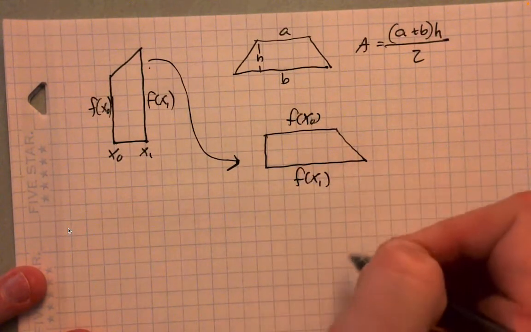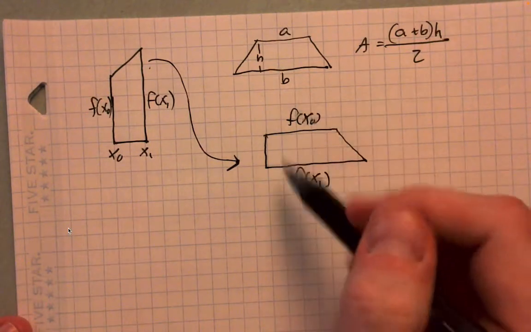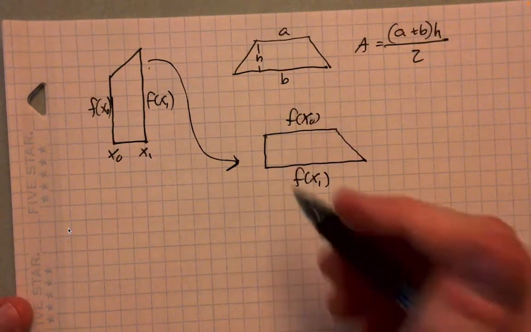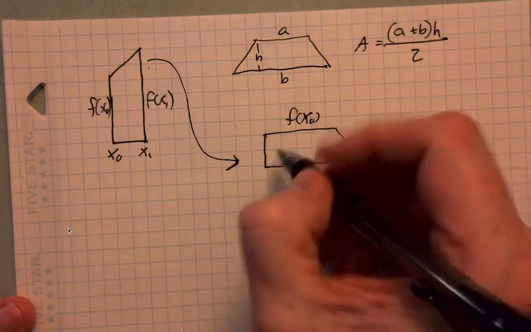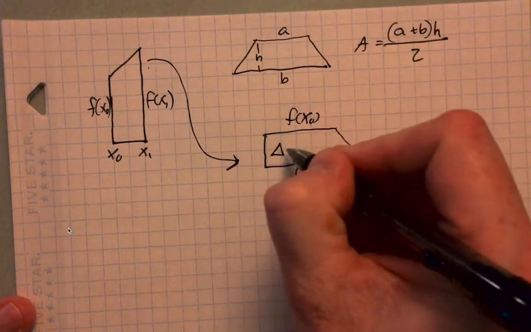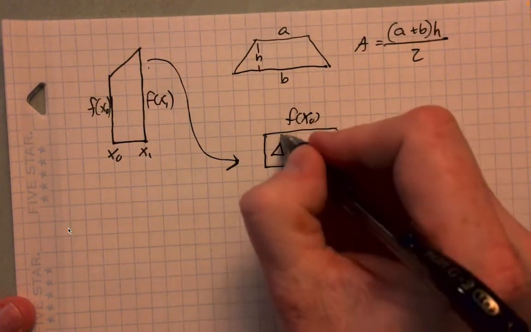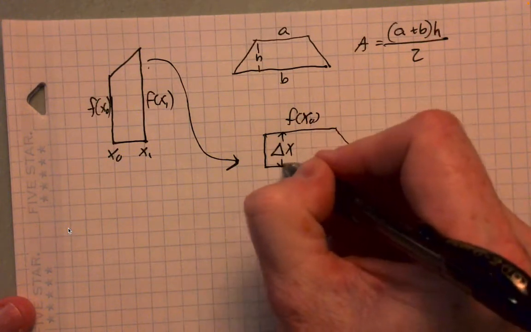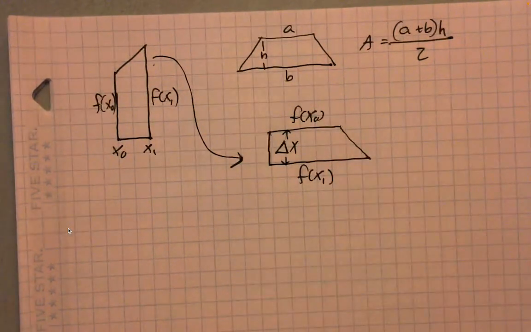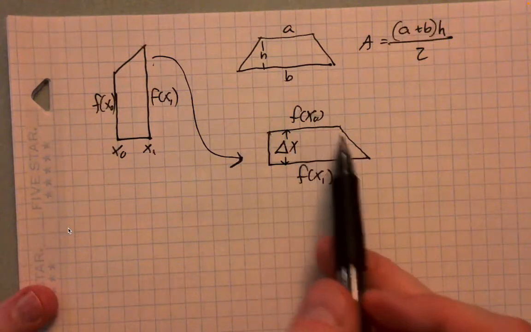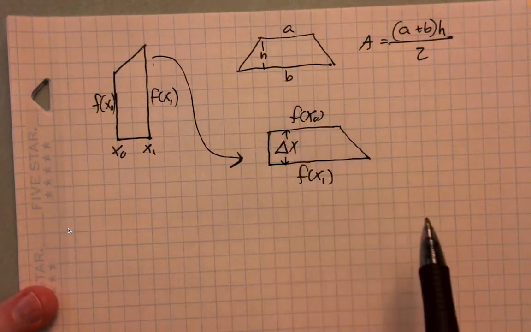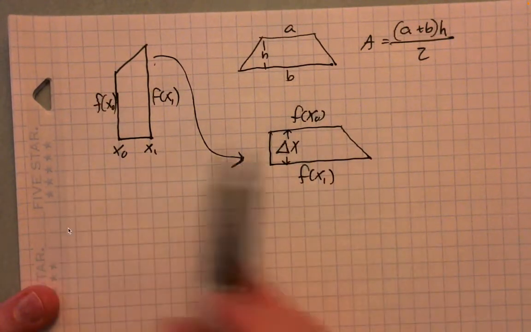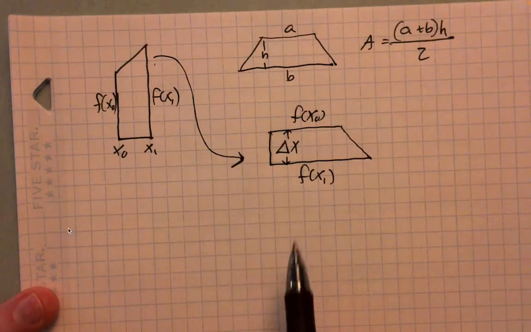Then what's the height here? The height is delta x1. No, they're all delta x, so we'll just put delta x. So this is basically what our first trapezoid would look like.